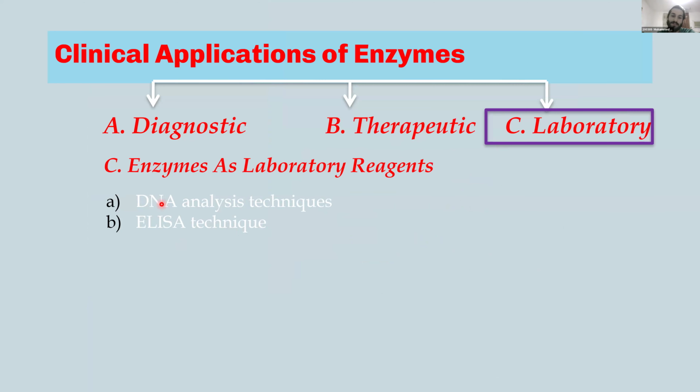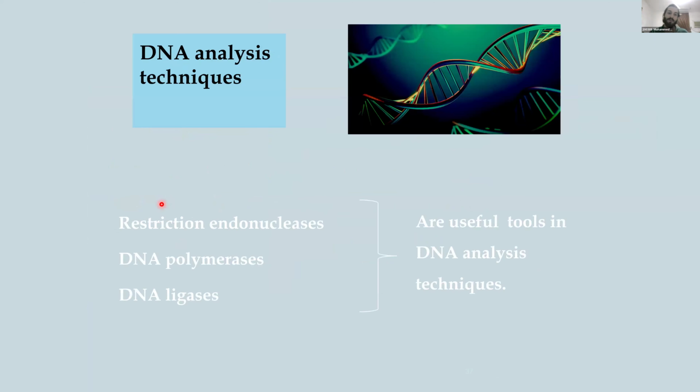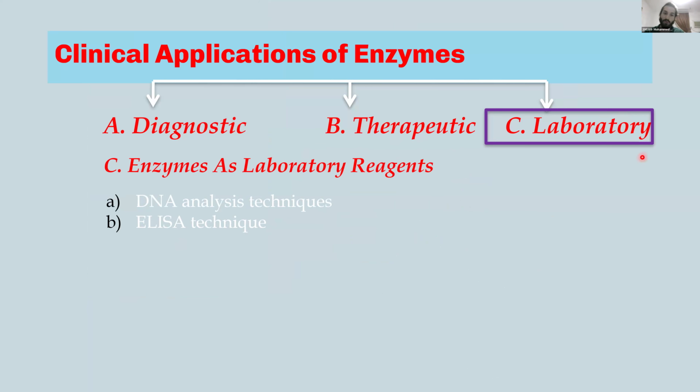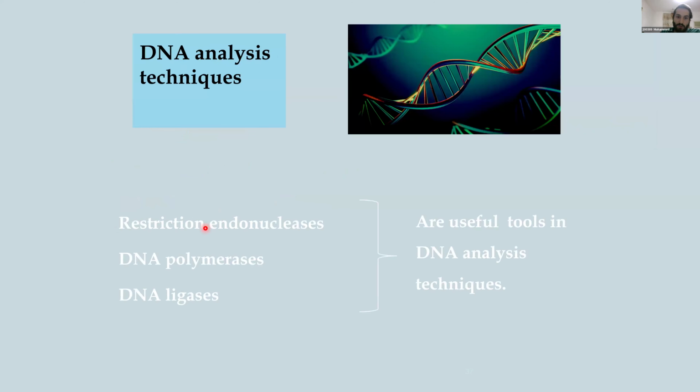But basically, these are 2 uses for enzymes in the lab: whether you analyze the DNA with different techniques, or ELISA, which I'm going to show you in a bit. For DNA analysis techniques, you use enzymes: restriction endonucleases, DNA polymerases, DNA ligases. It's like lab stuff.